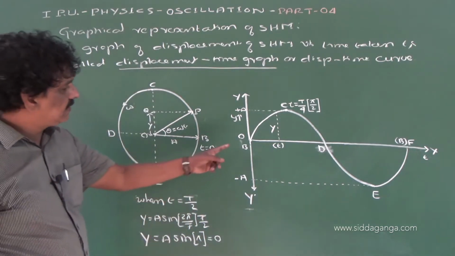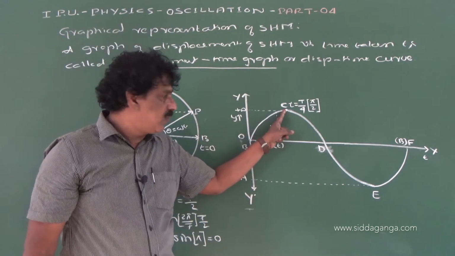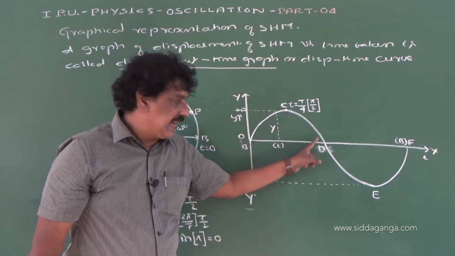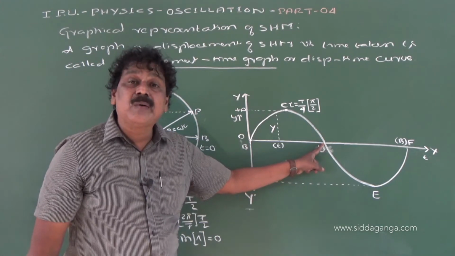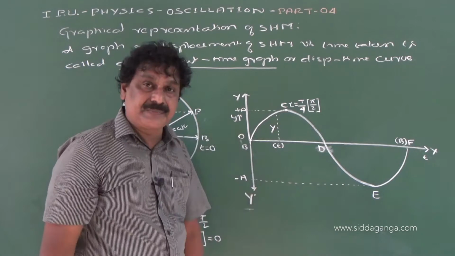Again you see, the displacement reaches maximum value at C, and again this comes to the mean position after completing half oscillation.